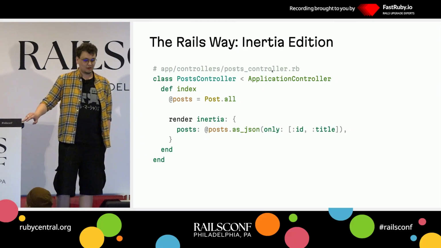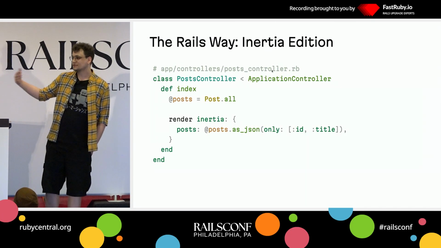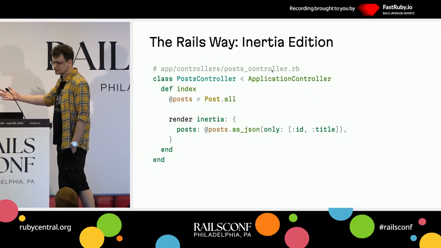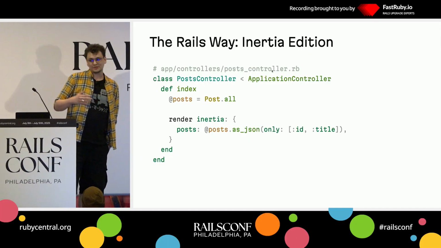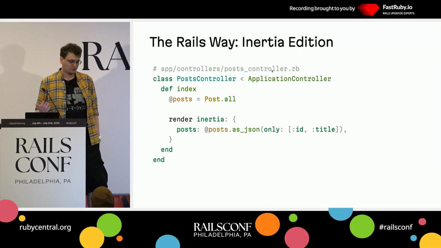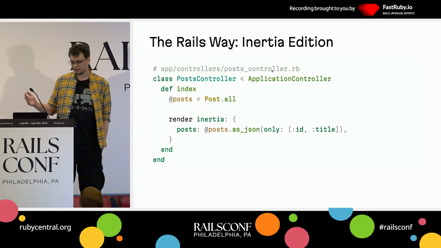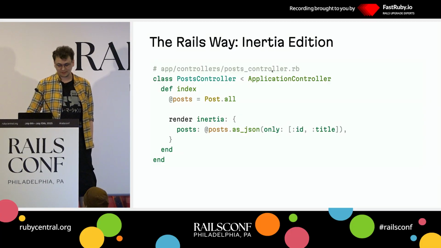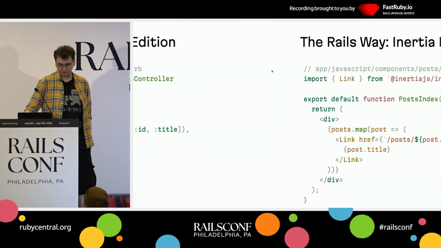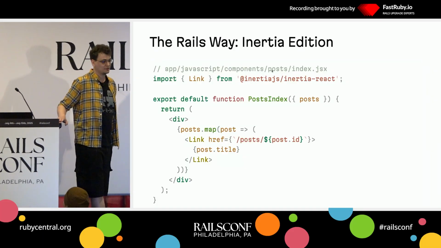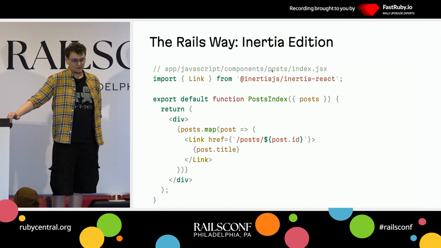Now, with Inertia, you use Rails routes and Rails controllers almost the same way you use them with a regular application. But instead of passing props to your view, you pass them to, say, a React component and use it there.